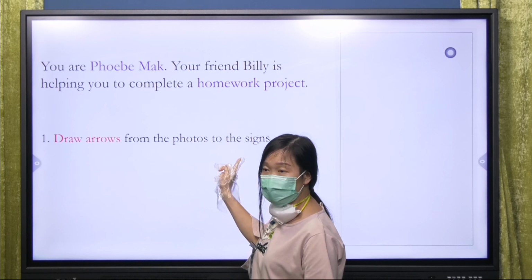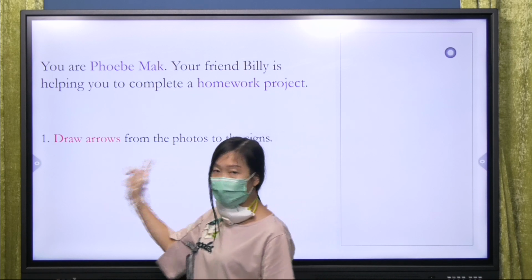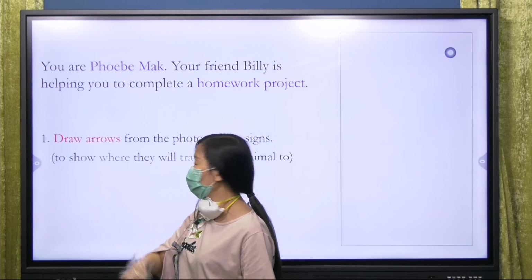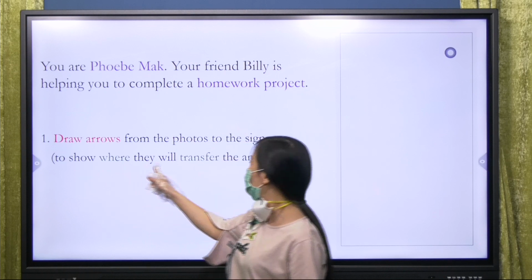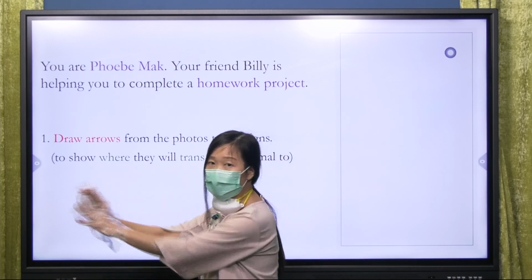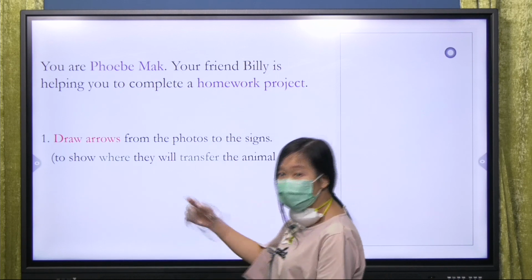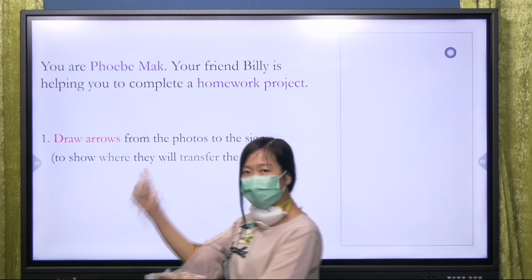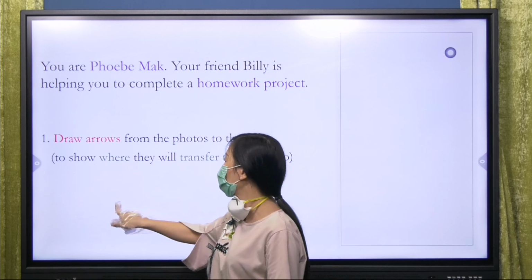I told you to pay attention to the photos and the signs, so you have to draw arrows. And why? To show where they will transfer the animal to. So where they will move, they will put the animal to. So they will transfer, say for example, a panda to a park, and you need to draw arrows, number 1.